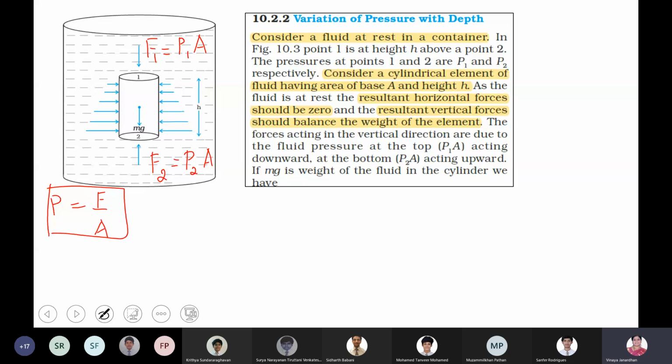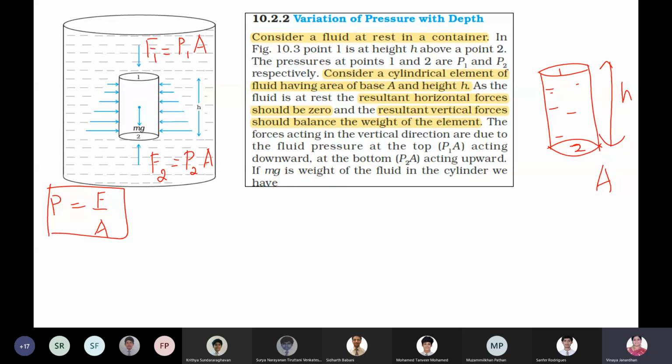Suppose I consider a cylindrical part of the liquid, an imaginary cylinder of height h, where the top surface 1 and the bottom surface 2 both have the same area of cross section A. If this cylinder has to be in equilibrium, all the forces acting on it must be equal to 0.